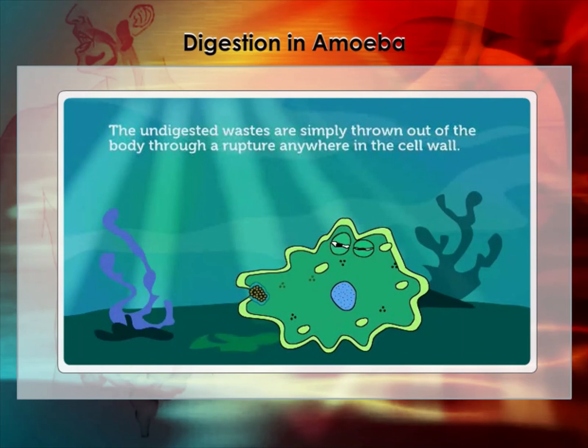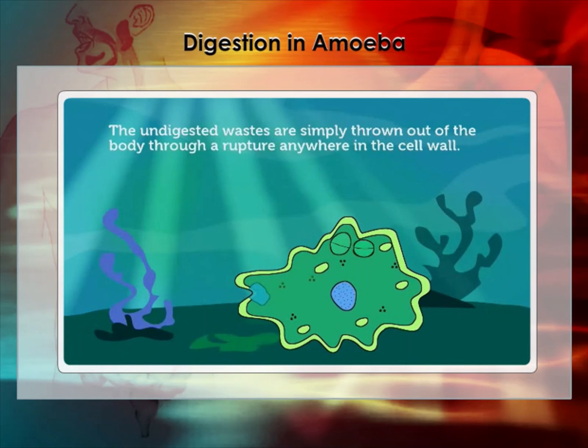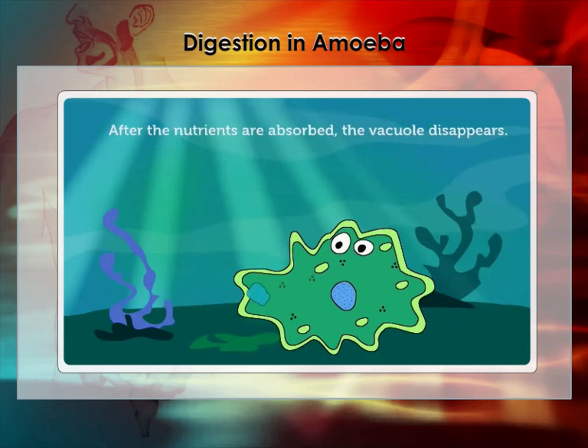The undigested wastes are simply thrown out of the body through a rupture anywhere in the cell wall. After the nutrients are absorbed, the vacuole disappears.